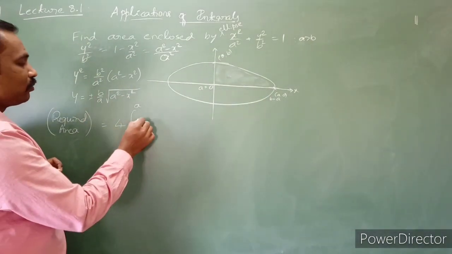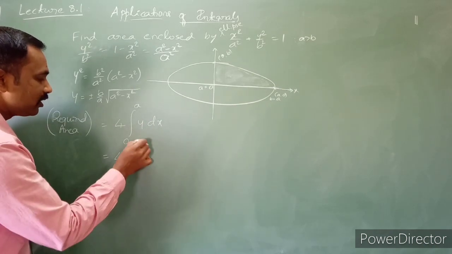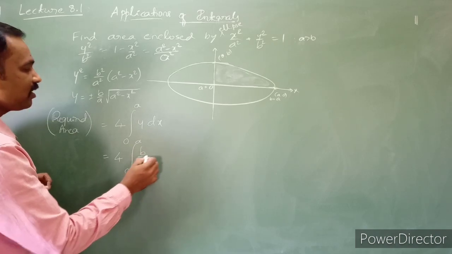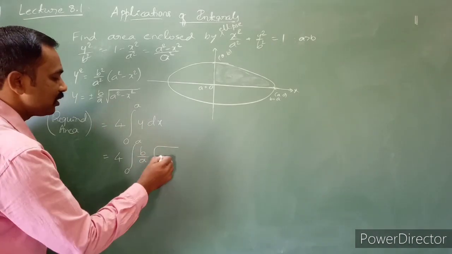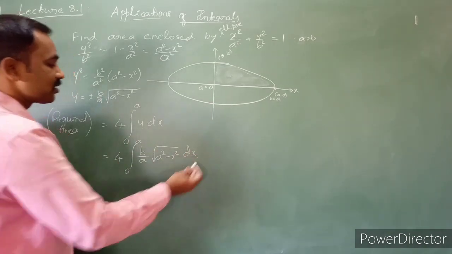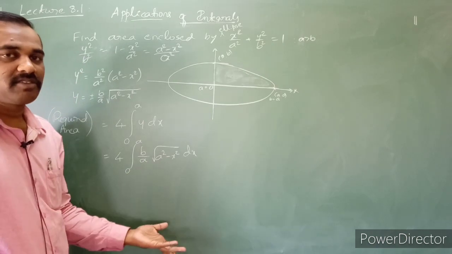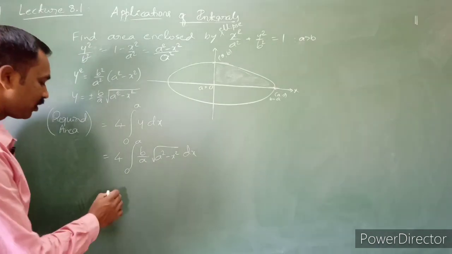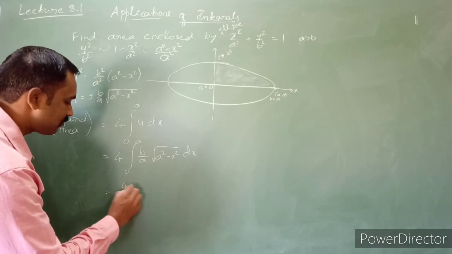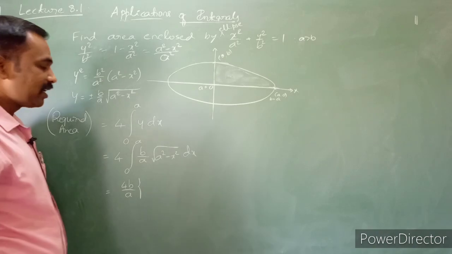Y into dx, written from 0 to a. What is the y value? Y value is b by a into root of a square minus x square into dx. Just integrate. If you have got this much, the remaining thing is integration. You can easily do the integration. Nothing to worry. B and a are constants, so take them outside: 4 times b divided by a into the integral of a square minus x square under the square root.